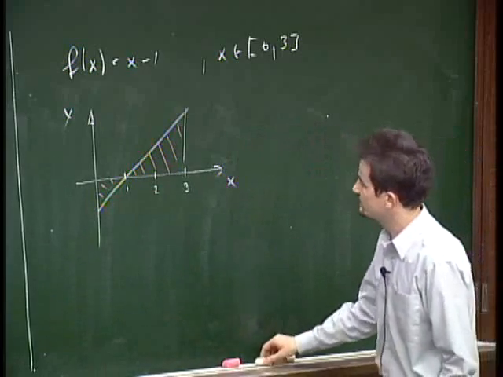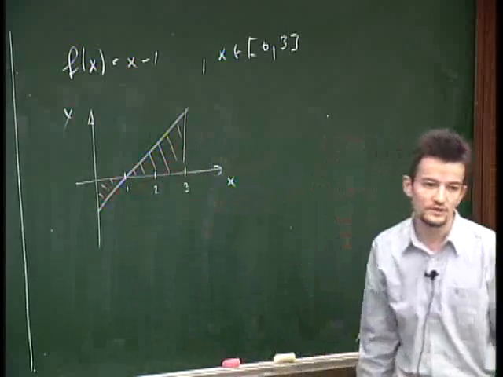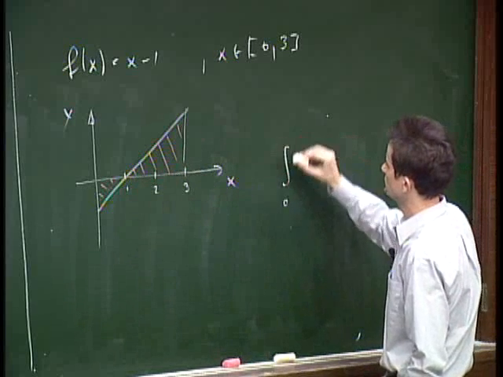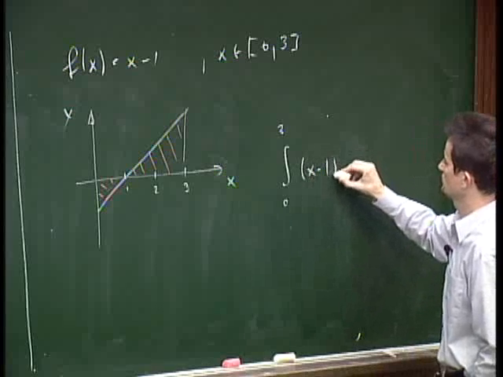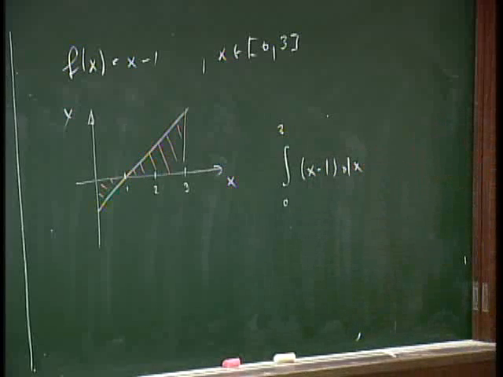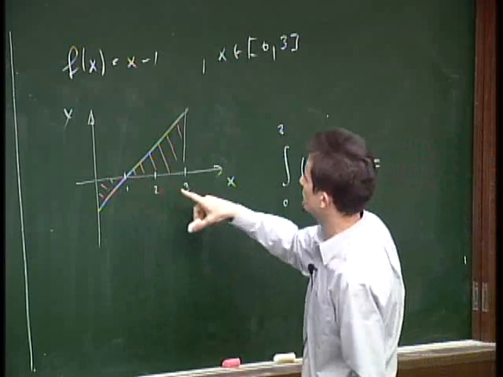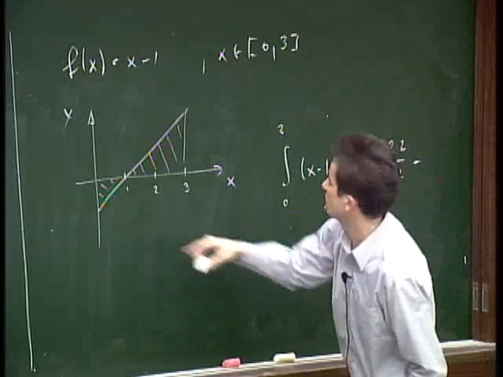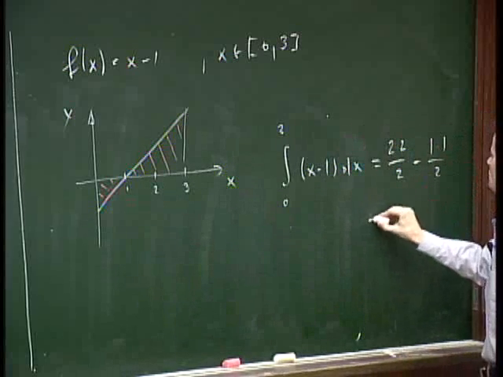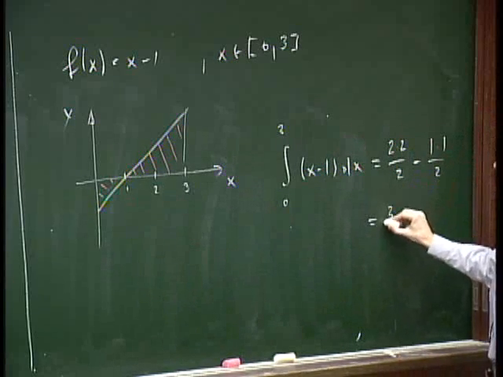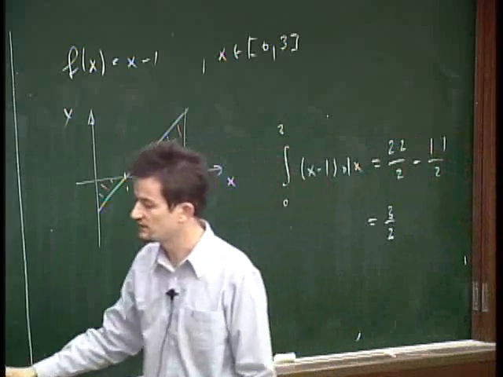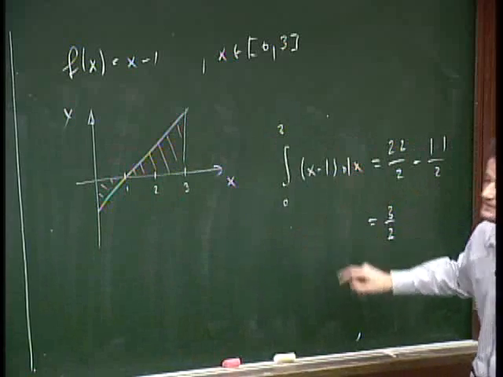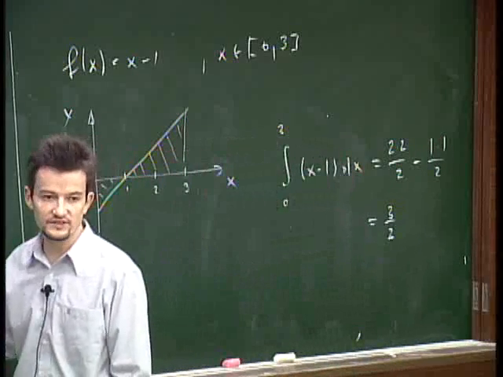So you see that since these are just two rectangles, in this case it's very easy to compute the integral. Okay, so in this case it's better to use the area interpretation instead of using this definition here.